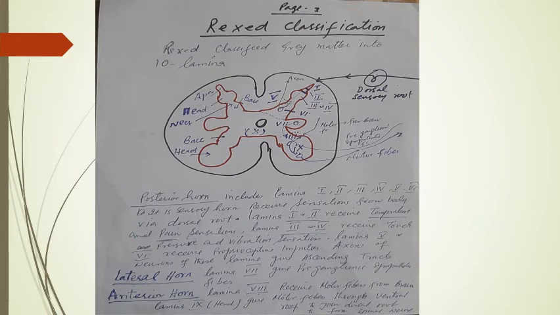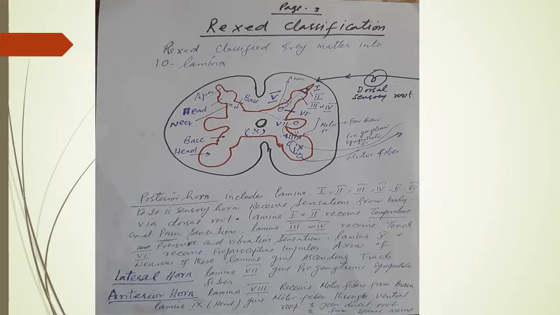For example, a descending tract fiber coming from the cerebral cortex is named corticospinal, and corticospinal arises from the cortex and terminates in lamina 8 and 9. So it is very easy to remember the origin and termination of the tracts.